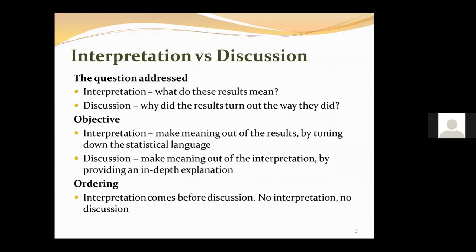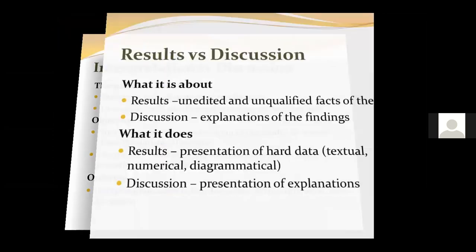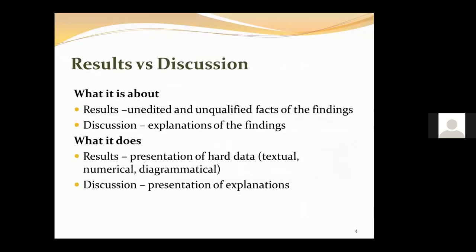One side, you're just providing the meaning, and the other side, you're providing an explanation. Then in terms of ordering, of course, interpretation comes before discussion. You interpret first, then you discuss what you have interpreted. No interpretation, no discussion.